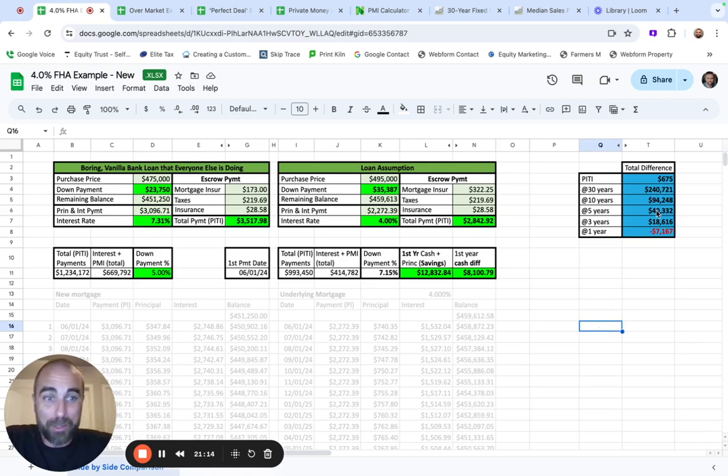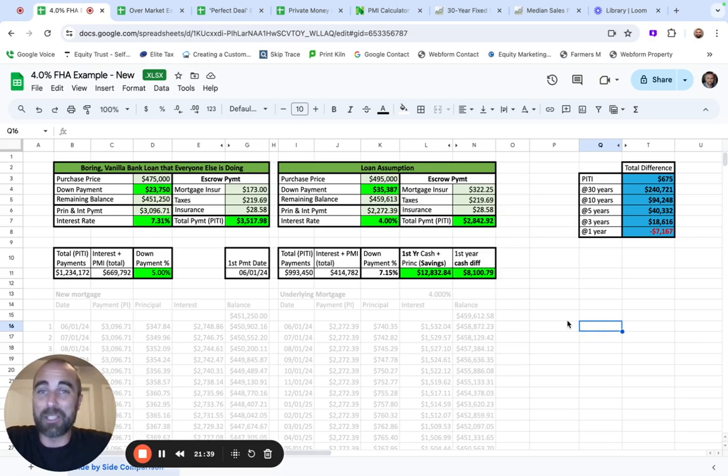Furthermore, what would you do if even after the first 3 years, say rates don't change enough to matter in the next 3 years? By the way, go back and look at that graph. Or let's say rates go up. Just after 3 years, you would save almost $19,000. If you play it out over the course of 30 years, you'd save $240,000.